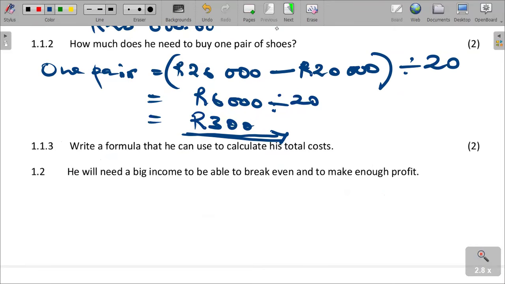Now write a formula that he can use to calculate his total cost.